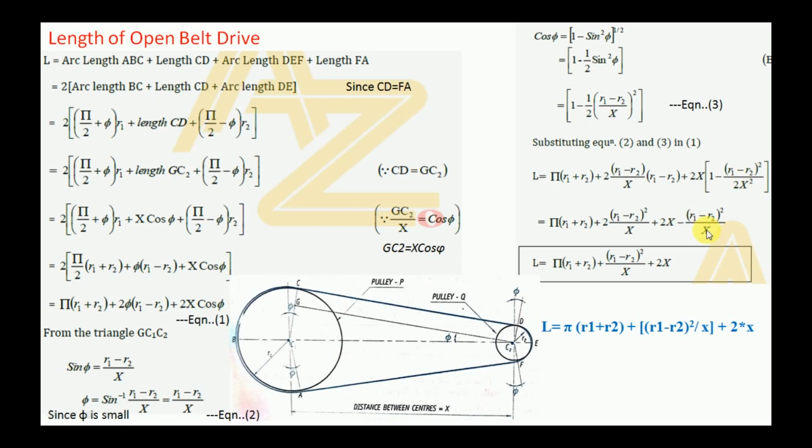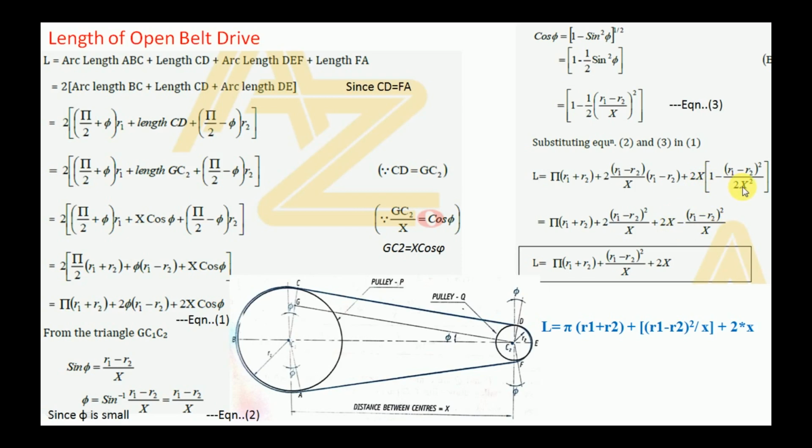Continuing with simplification: the first term remains the same, pi (R1 plus R2), and 2 multiplied with R1 minus R2, when the two terms are multiplied, gives 2 (R1 minus R2) squared by x. Plus, we take this 2x inside: 2x into 1 is 2x, minus 2x times R1 minus R2 squared over 2x squared.